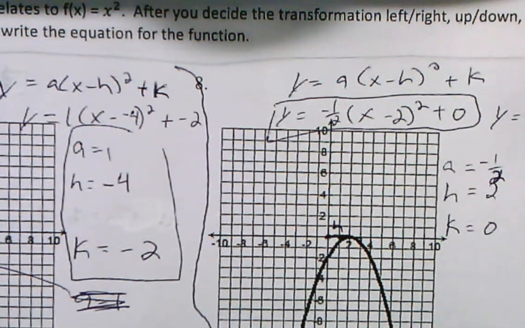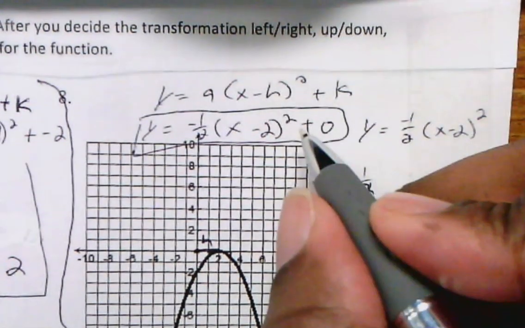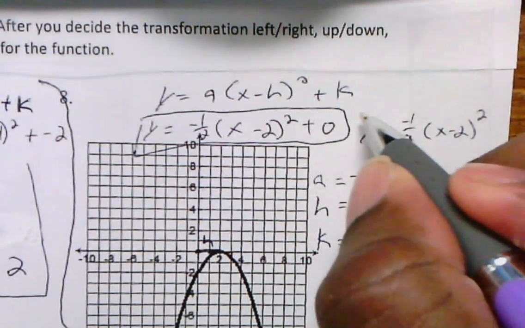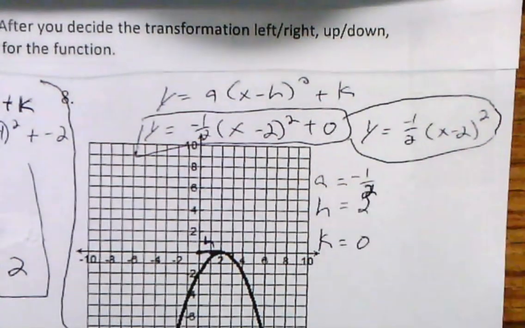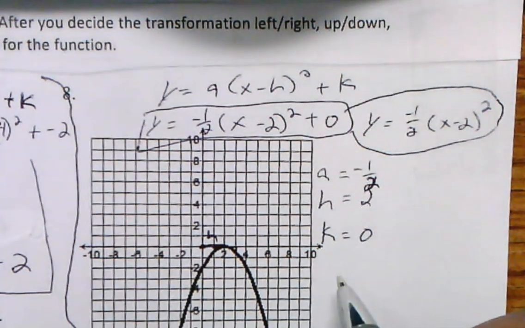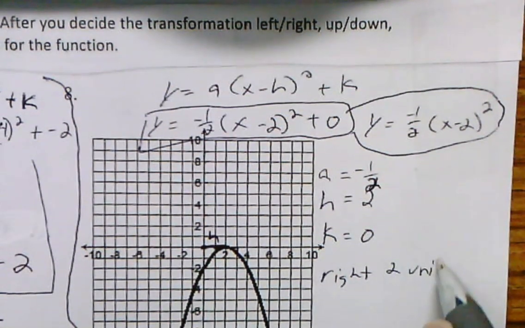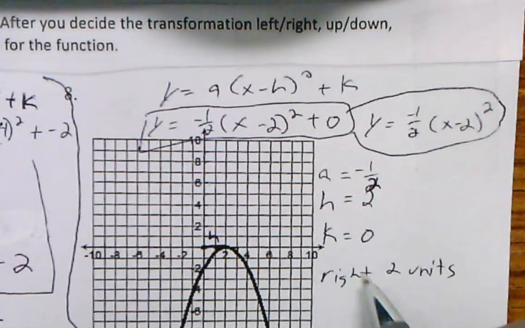You don't always see the plus 0 added to the end because you don't have to. So either one of those is just as fine. All right, and it says describe translations. So I can say it shifts right 2 units. And I didn't go up or down, it's 0, so I don't have to describe that.